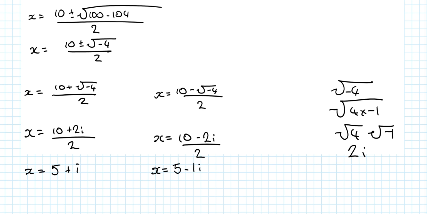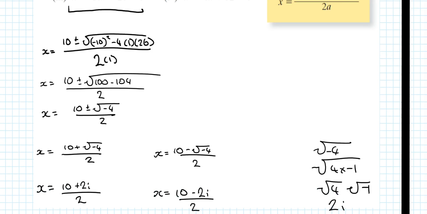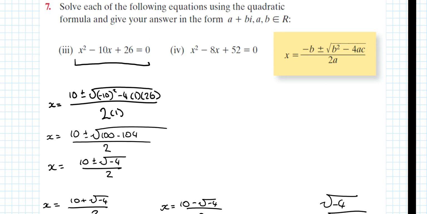Okay? And note, we had negatives inside the square roots, so we know we're going to get i's at the end. We're pretty okay with getting i's at the end. That's fine. So this is an equation where the roots are not real.